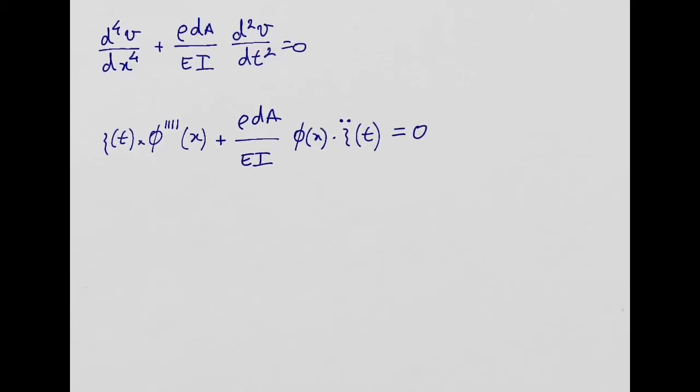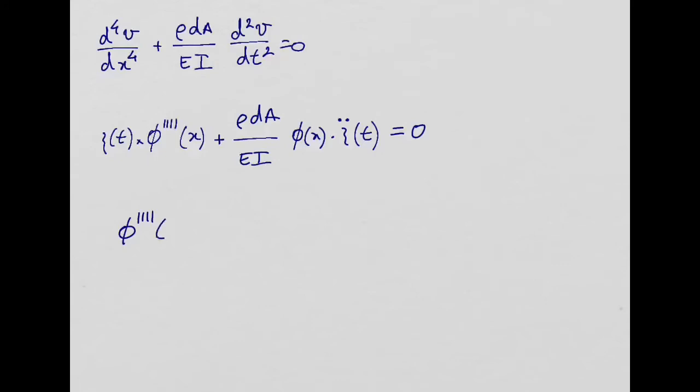And what I'm going to do now is just to manipulate this equation in order to have on the left-hand side the terms that depends only on the x coordinate, and on the right-hand side the terms that depends only on the time variable, right? So if you do that, you will get something like this.